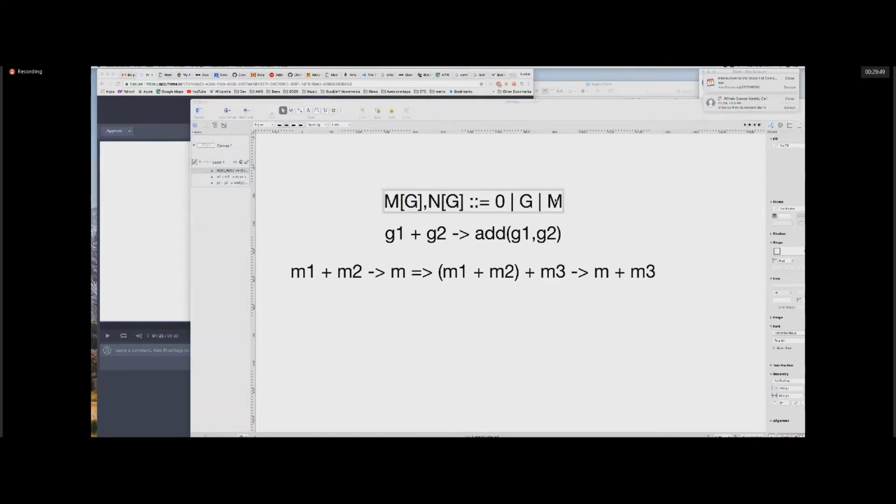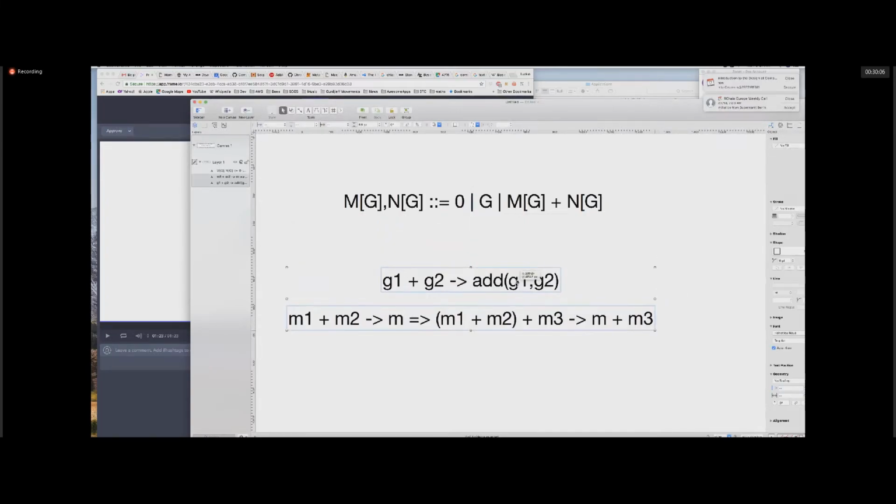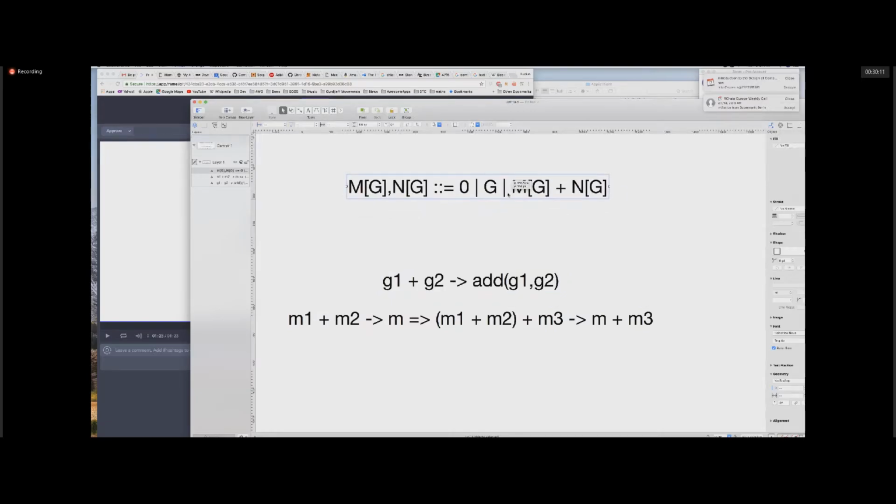M parametric in a G plus M parametric in a G. All right, there's our overarching monoid syntax.